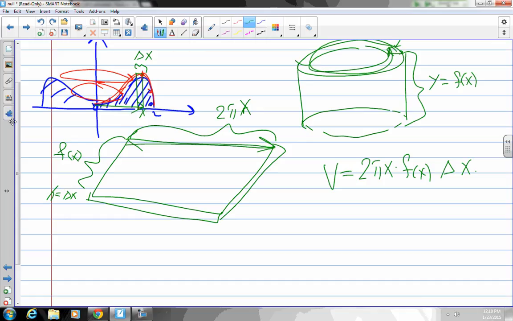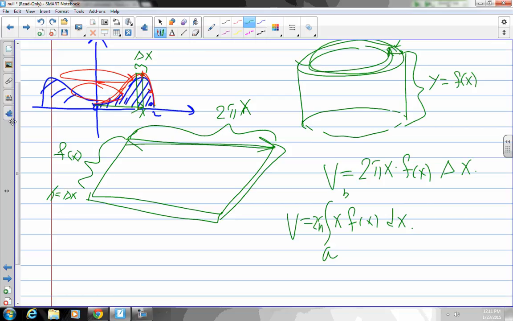Therefore, the whole thing, you'll just integrate from a to b, and then it's 2 pi x f of x dx. This is called the method of cylindrical shells, and it has the opposite variable. If you rotate around the y, you'll integrate with respect to x. If you rotate around the x, you'll integrate with respect to y.